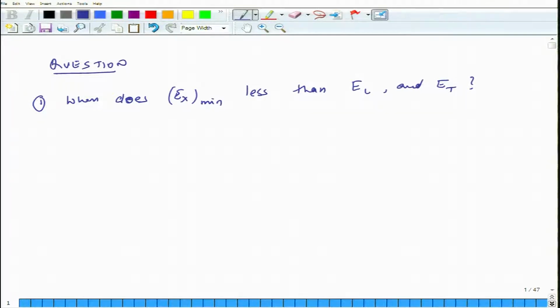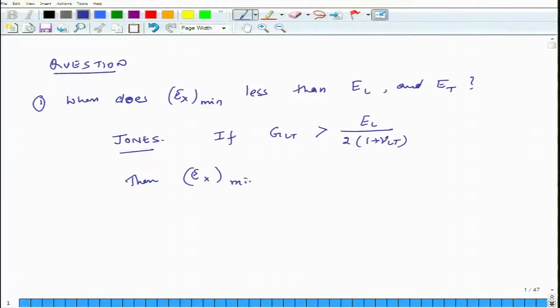And the answer to that has been given by an expert in composites, Jones, who is also the author of the R.M. Jones book on mechanics of composite material, and he has done mathematical calculations, and he says that if GLT exceeds EL divided by 2 times (1 plus nu LT), then Ex min is less than El and Et.